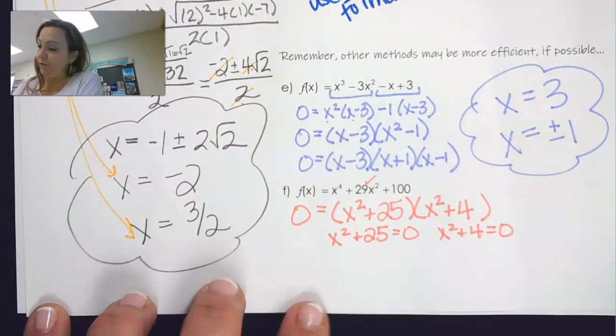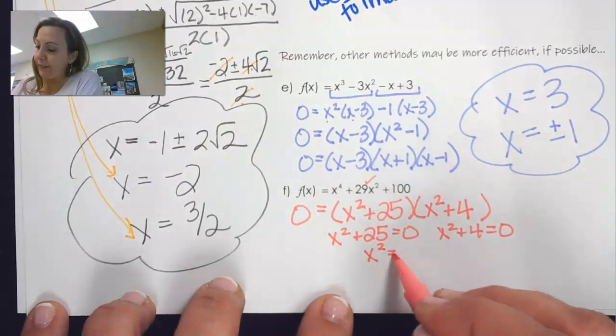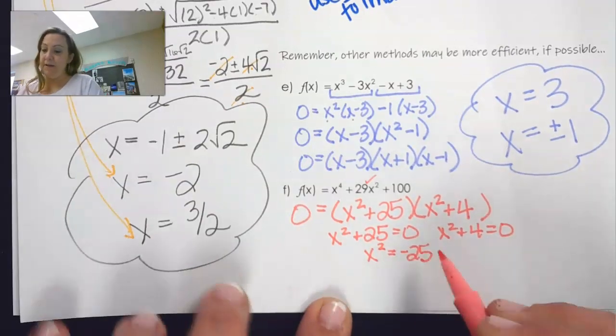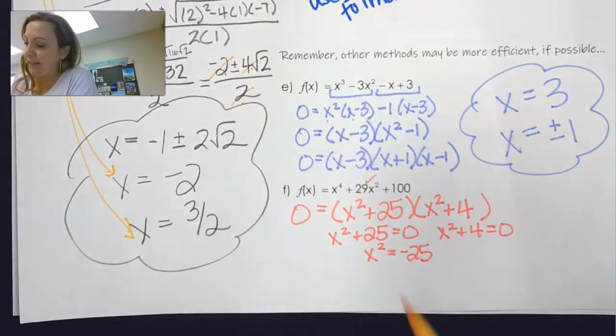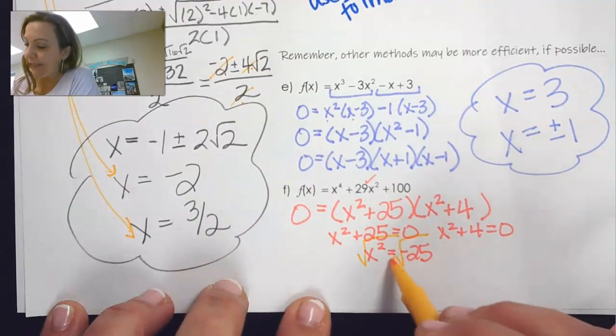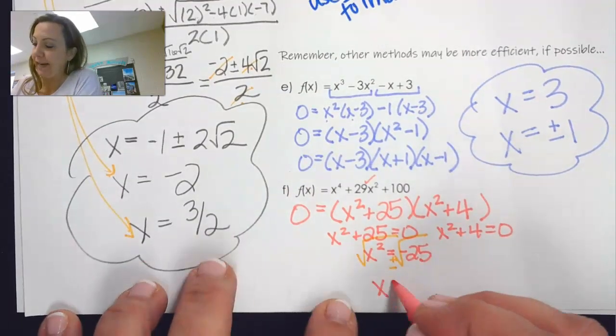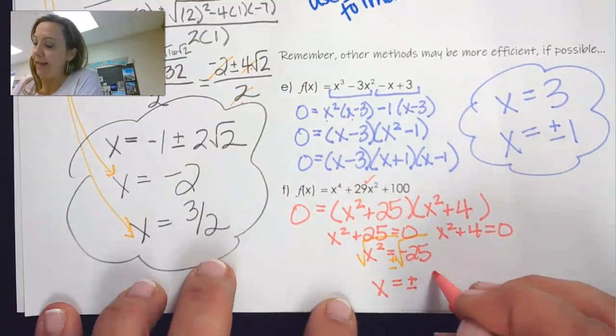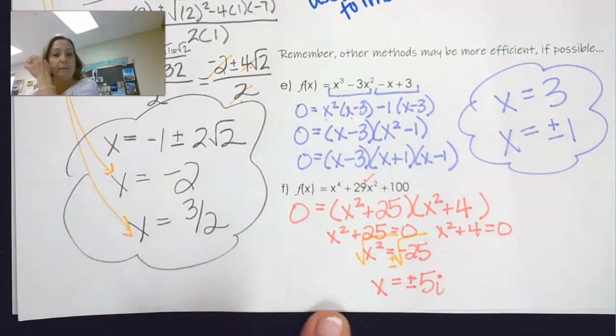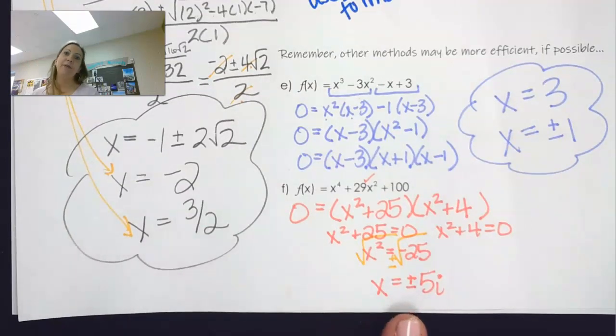If we solve, I end up with x squared equals -25. Then I would need to take the square root with the plus or minus. And because I'm taking the square root of a negative, I have to introduce i. So I'm going to have plus or minus 5i. That's why we couldn't factor that, because we can't factor using our methods with imaginary values.